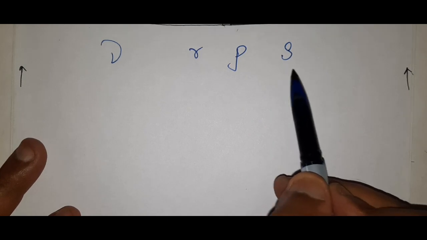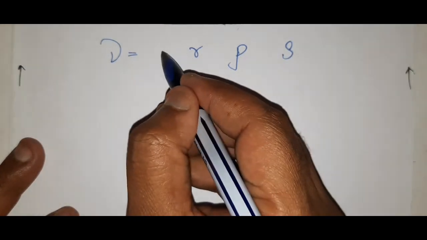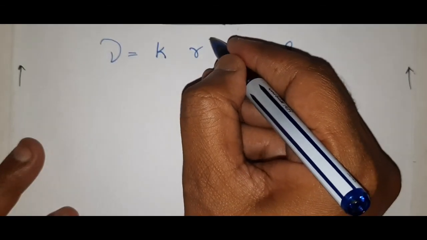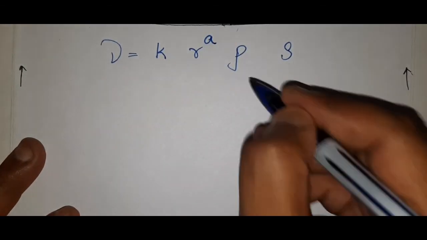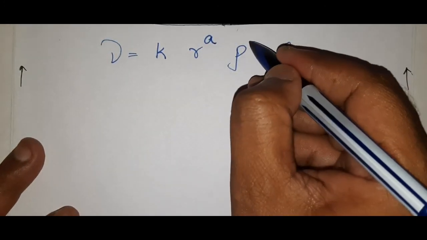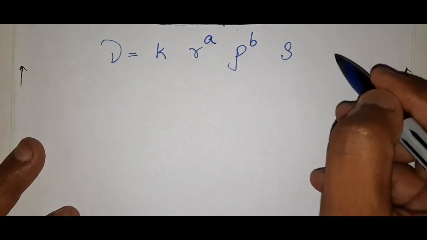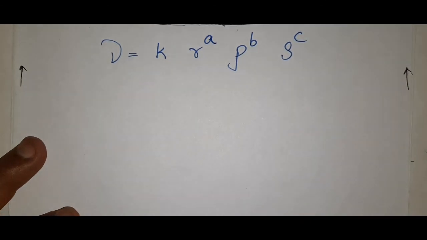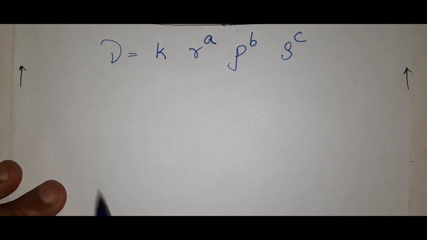The same way we will be proceeding. Frequency equals a constant K from our side, radius raised to the power a, density raised to the power b, and surface tension raised to the power c. Now placing dimensional formula for all the quantities.